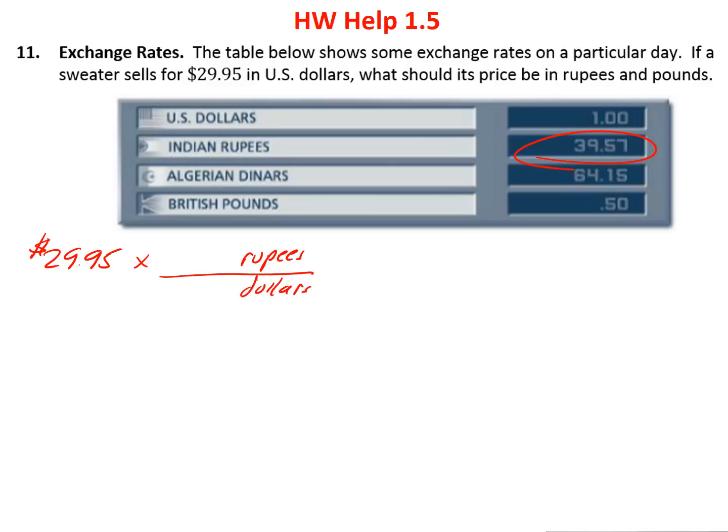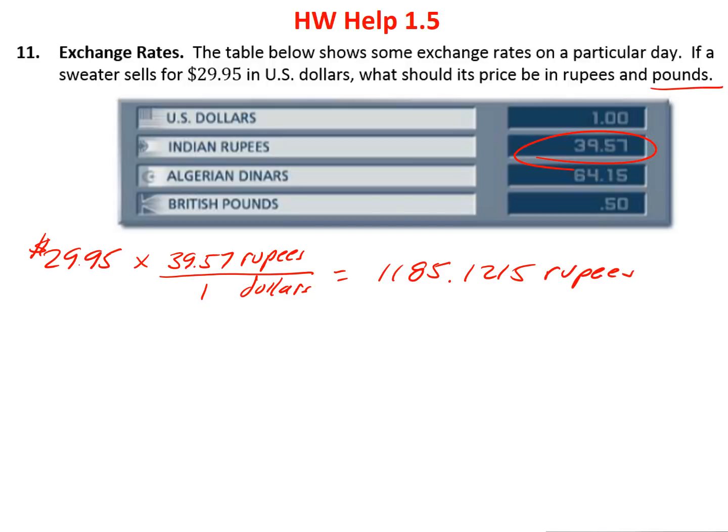So in our case here, 39.57 rupees equals $1. So notice how my dollars will cancel out. And so we just simply have to multiply 29.95 times 39.57, and we find out that that's going to equal 1185.1215 rupees.